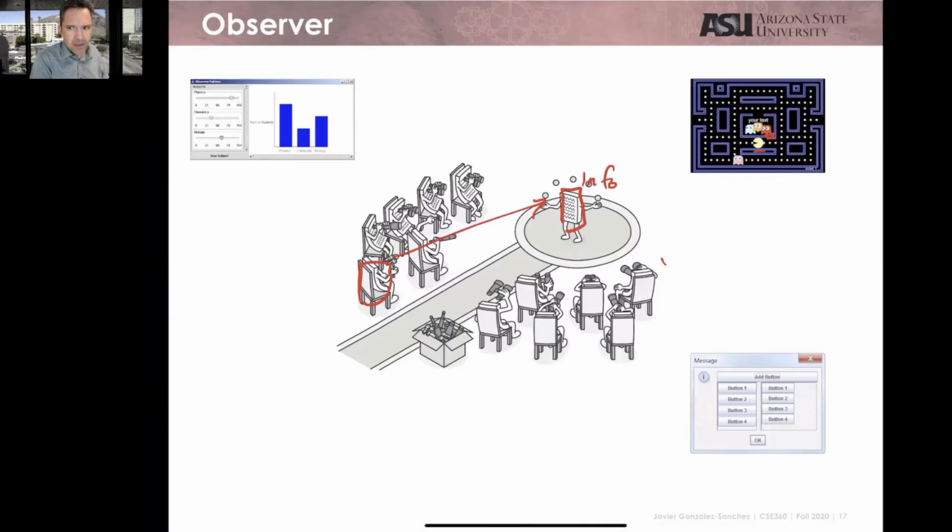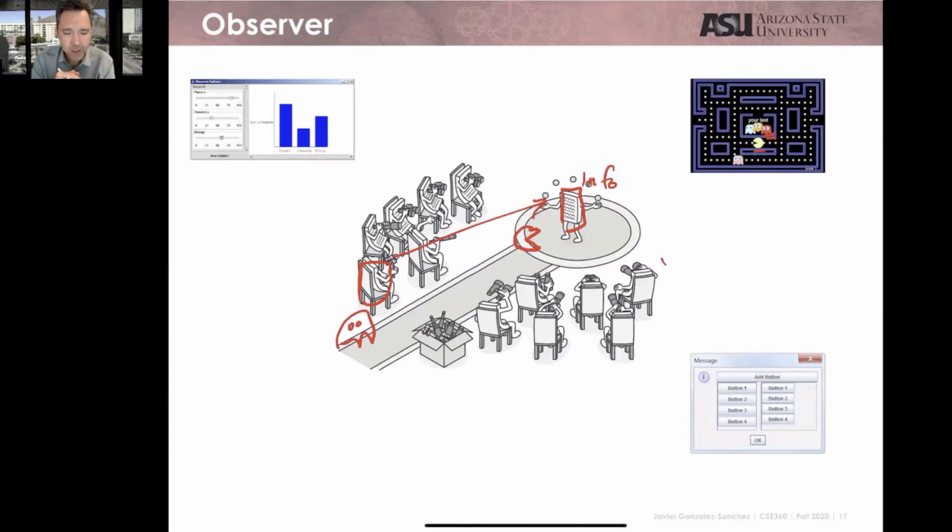Can you agree with me that the ghosts are observing the Pac-Man? If I tell you the ghosts are observing the Pac-Man, immediately you get the idea that, yes, the ghosts need to know the information, X and Y coordinates of the Pac-Man, because if you play the game, the next movement of the ghost depends on the position of the Pac-Man, because the idea is that they move toward the Pac-Man or run from the Pac-Man.